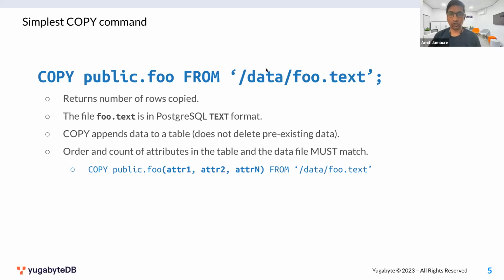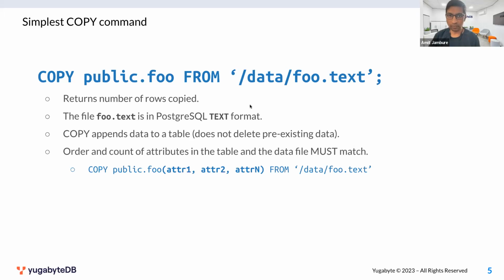All you have to tell the copy command is from where to read the data and where to put the data. Then the copy command will load the data from the file into the table. Once the transfer is complete, it will return how many rows were ingested in the foo table. Now, there are some aspects that are not immediately visible from this command.